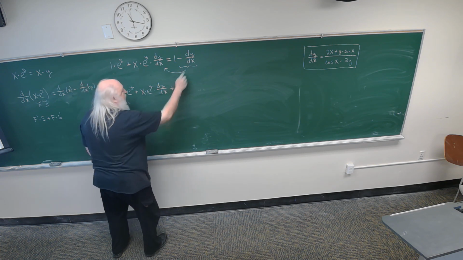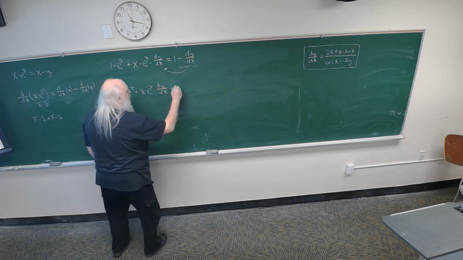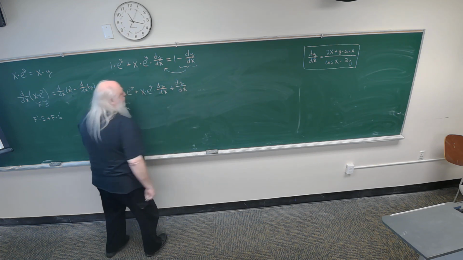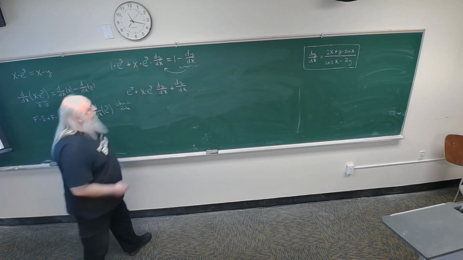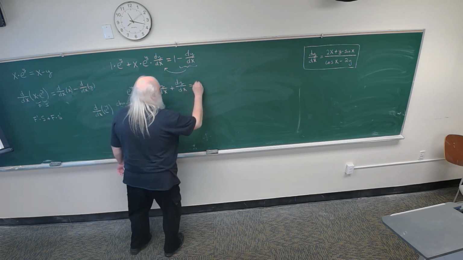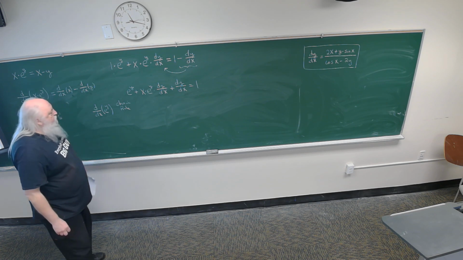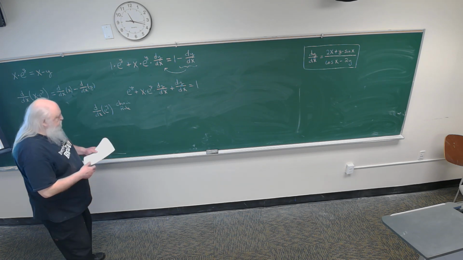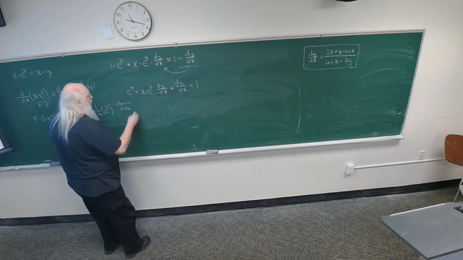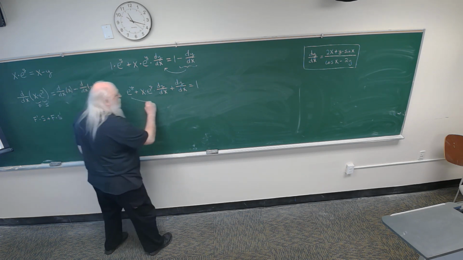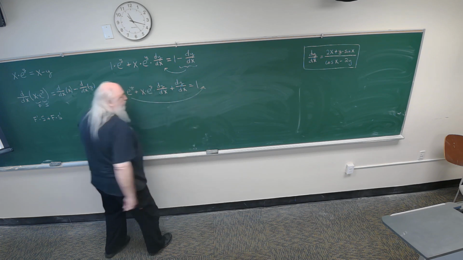When we add dy over dx to both sides, we have x e to the y times dy over dx plus dy over dx on the left-hand side, and that's equal to 1 on the right-hand side. Now I can move this e to the y to the right-hand side by subtraction.